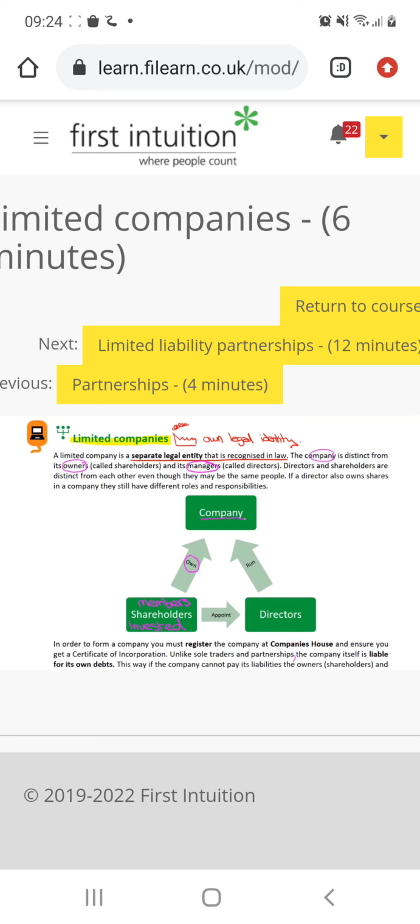The shareholders or the members will appoint the directors. The directors are at the top of an organisation and it's their role to run the company. Now, they may also own a share of the company, but their rights, their roles are different. It's the directors who run the company, it's the shareholders that own the company.